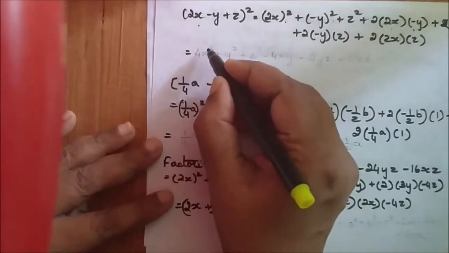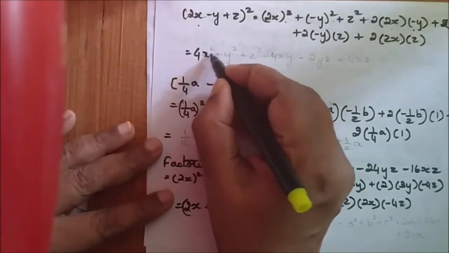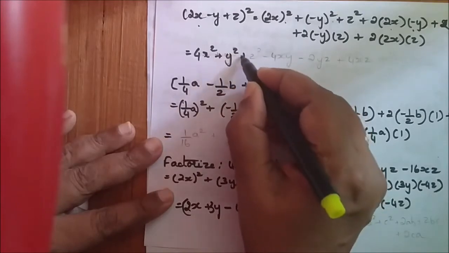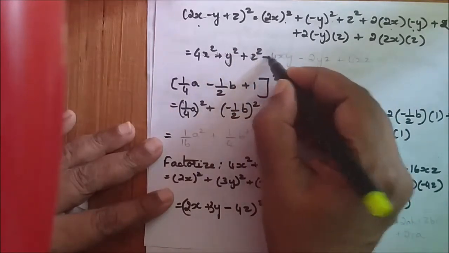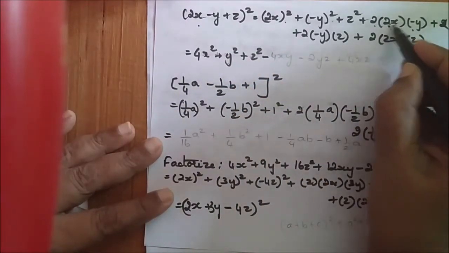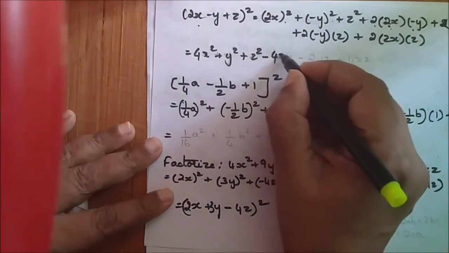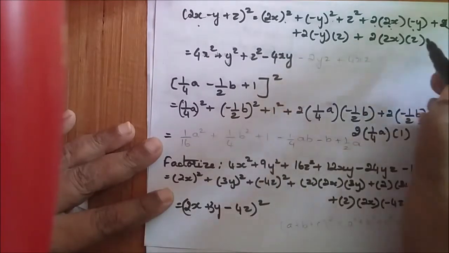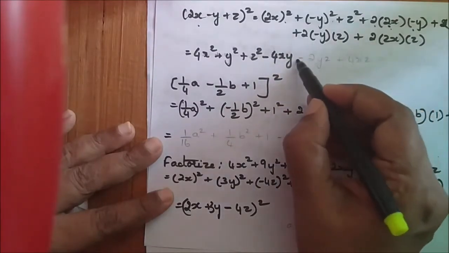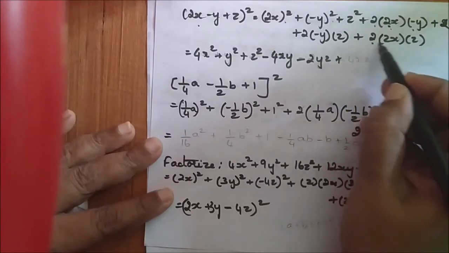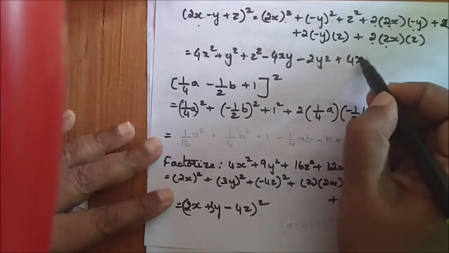This is nothing but 2x the whole squared, which is 4x squared plus y squared plus z squared, minus 2 into 2 is 4, so it is minus 4xy, and the next term is minus 2yz plus 2 into 2 is 4, 4zx.